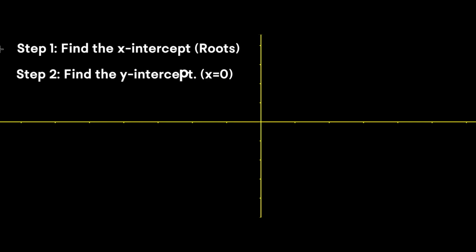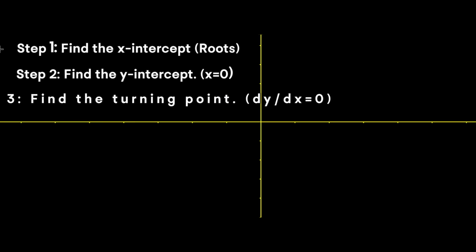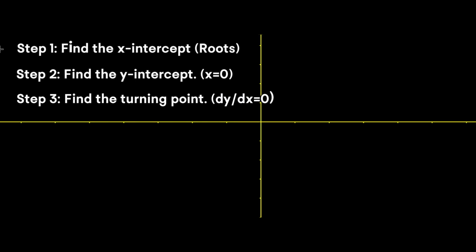The y-intercepts allow us to see where the curve cuts through the y-axis. And then we are going to find the turning point. Being a cubic function, we're expected to have 2 turning points, one minimum, one maximum. Then when these points are assembled together, we'll use a smooth curve to connect all of this, and then we obtain the pattern of our function.